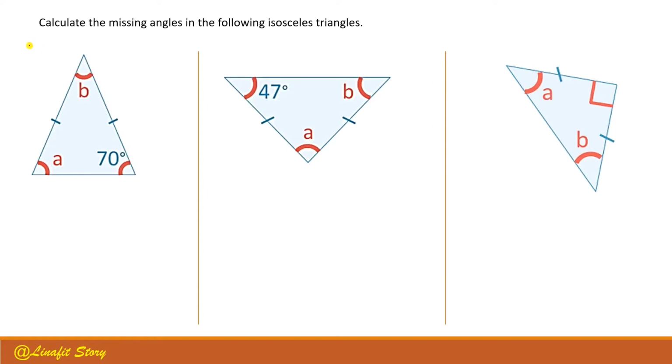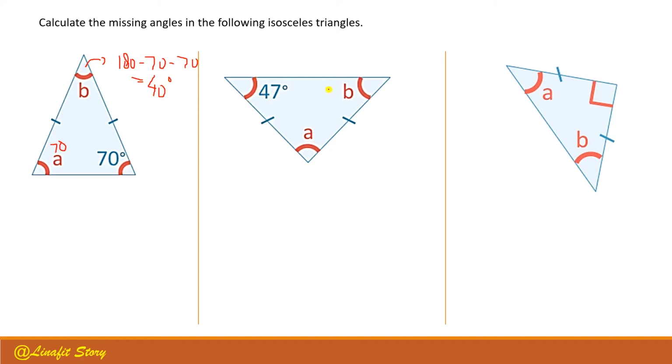Calculate the missing angles in the following isosceles triangles. This is 70 degrees, so A is also 70 degrees, so B is 180 minus 70 minus 70, which is equal to 40 degrees.